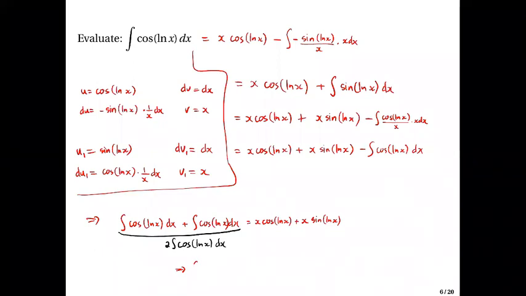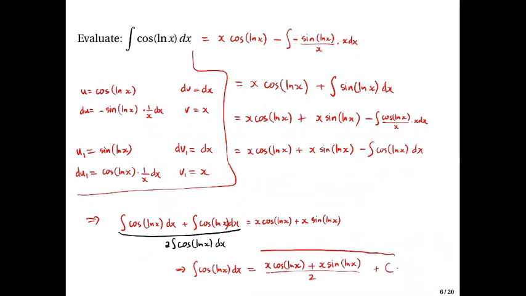We will end up with the integral of cosine of ln of x dx. This is equal to x cosine ln of x plus x sine ln of x all over 2, and then let's just add the arbitrary constant c. And this is the final answer.